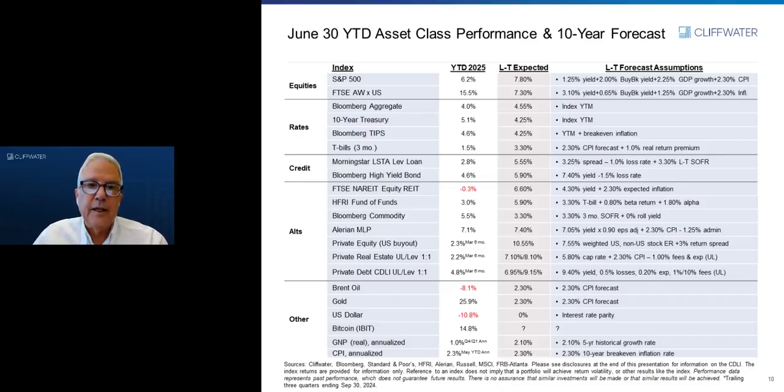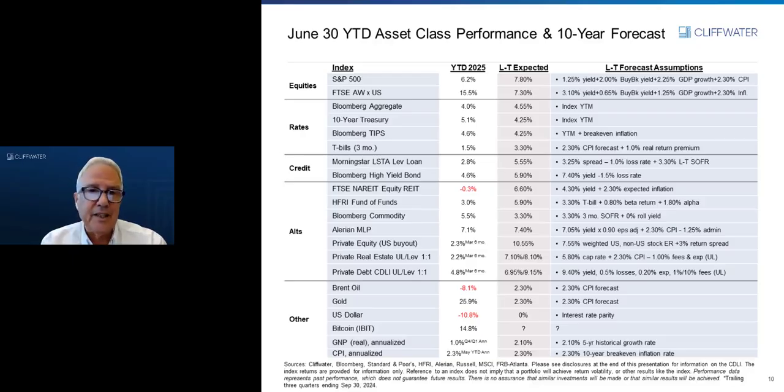Let me move and talk about looking at both more recently and then looking ahead. So I've shown for each of the individual asset classes the year-to-date return. That is in the YTD 2025 column. Mostly black down this column.